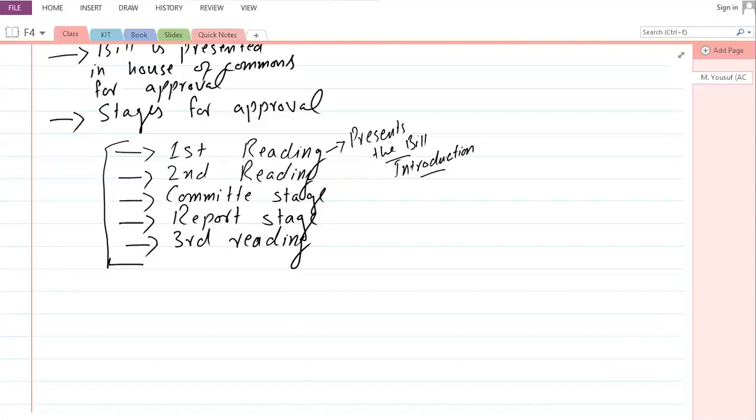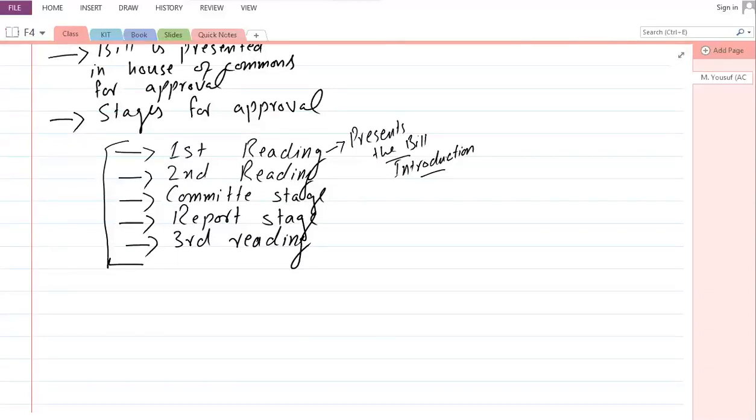For example, if Mr. A presents a bill to restrict companies engaged in chemical wastage, so he wants to decrease the effect of that chemical wastage, he prepares a bill in which high taxes and penalties are imposed on organizations engaged in waste material, for example the textile industry. Mr. A will present that bill in House of Commons, and he will read the basic elements, and the copy of the bill will be distributed among the members.